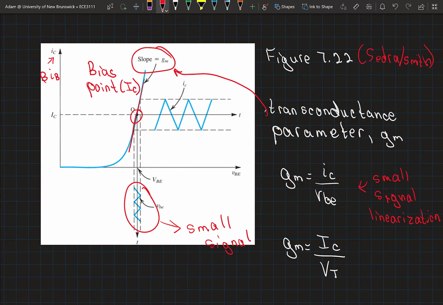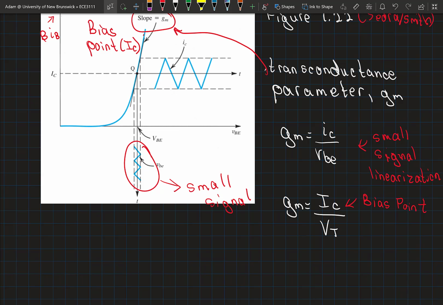Again, this is based on our bias point. And if you look at the characteristics shown here, that makes pretty good sense, right? Depending on where our collector current falls on this curve determines what the slope is at that given point, what our transconductance is at a given point.